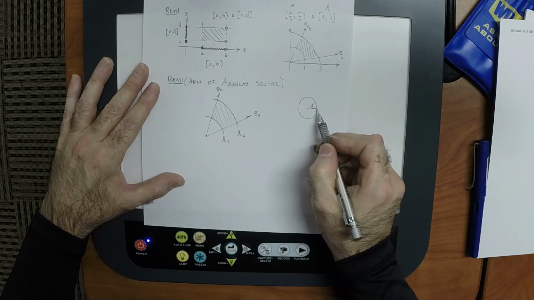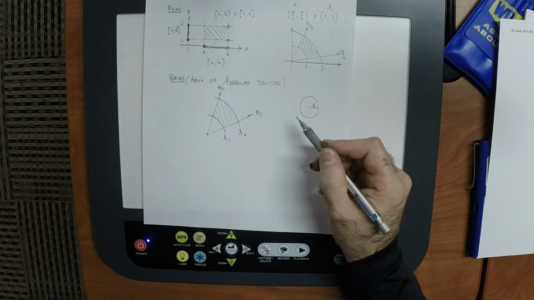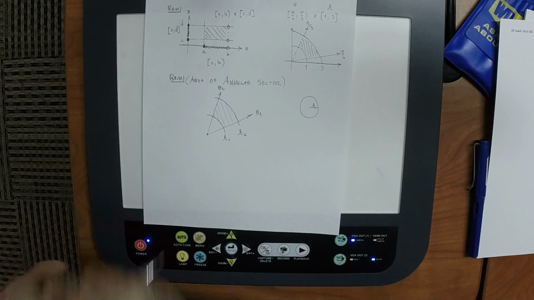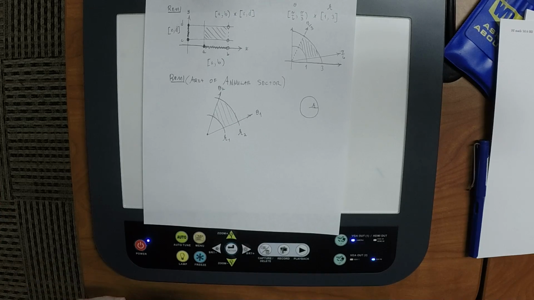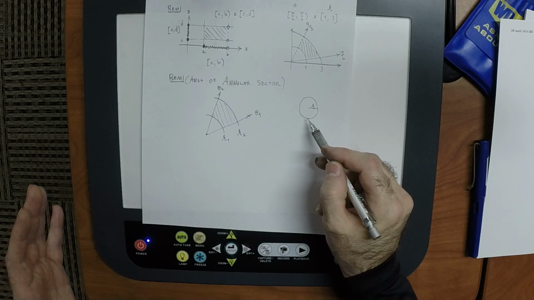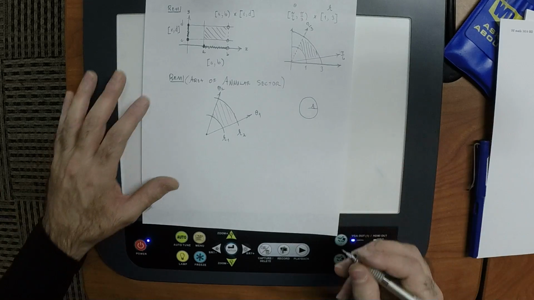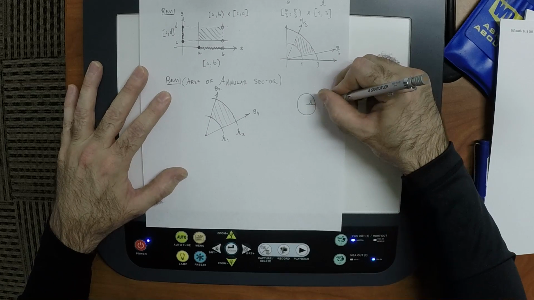So the big one is that, and then the small radius is 0. So this is like a trivial annulus, where an annulus is a disk, and then you delete the disk in the middle. But the disk in the middle is not there. So this is a circle. So what's the area of this thing? Pi r squared. So its area is pi r squared.